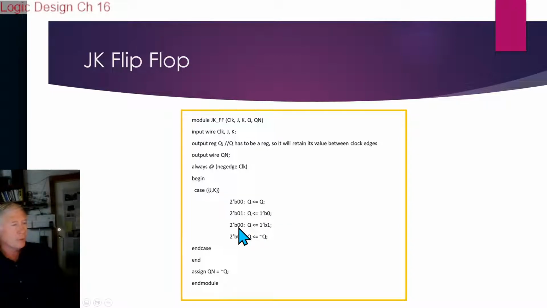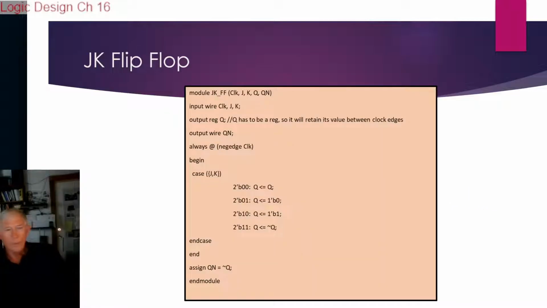Oh, this is a mistake. Okay, hang on. Okay, with the slide fixed, if J and K are both 0, we hold. Anyway, if J is 0 and K is 1, we clear the flip-flop.